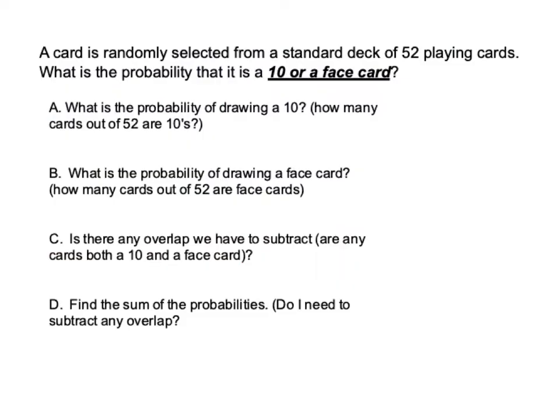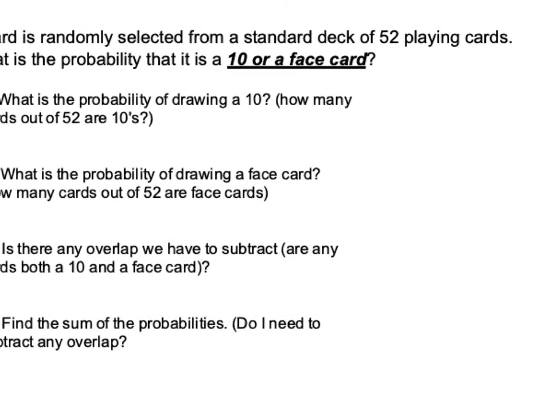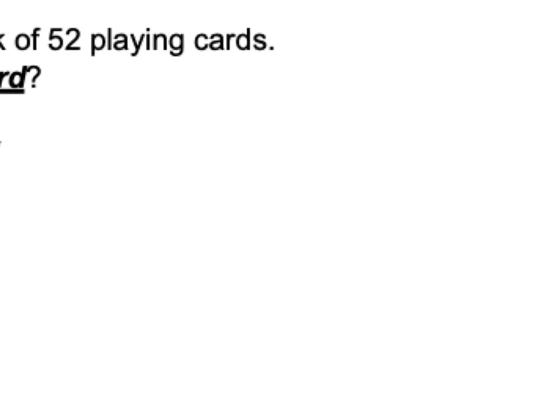I said one of the more common ways that you do this is with a deck of cards, so I think it might be worthwhile to spend just a minute to talk about a deck of cards and what's actually in it. There are 52 cards in a deck, so that means there are no jokers in this deck. We're just going straight 52 cards. There are 4 suits, and those suits each have 13 cards.